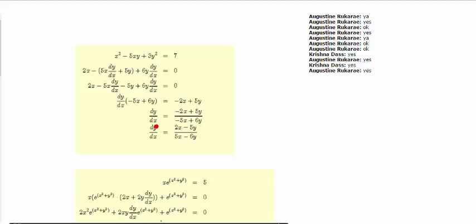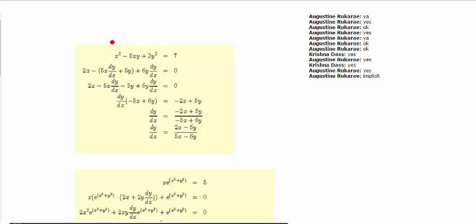Okay. So this is the particular question, or function, that is given to us, where we have to differentiate x squared minus 5xy plus 3y squared equals 7. Now just by looking at this equation, what should come to your mind? Which method will you use to differentiate this function?